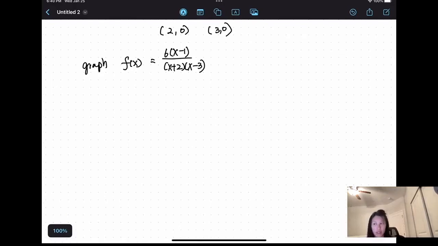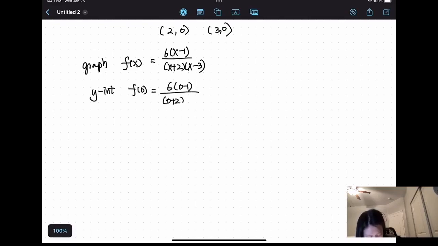So let's find the y-intercept and x-intercept first. For the y-intercept, I want x equals 0, so I have 6 times (0 - 1) over (0 + 2)(0 - 3). When we simplify it, we will have negative 6 over negative 6, which is 1.